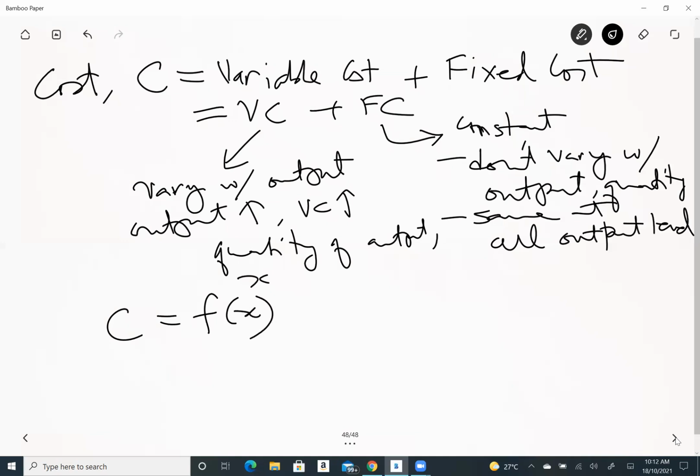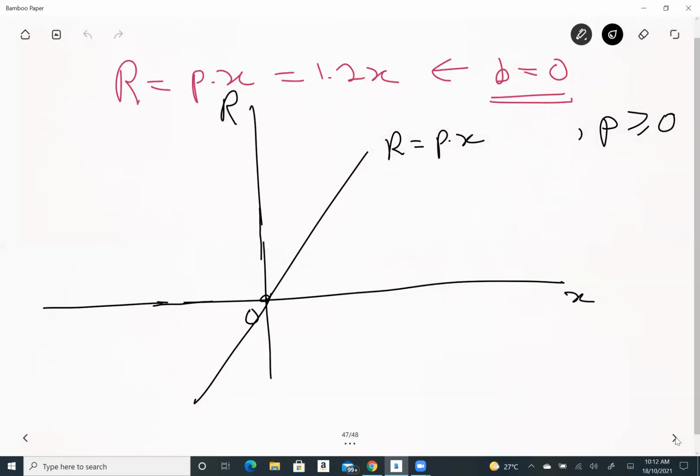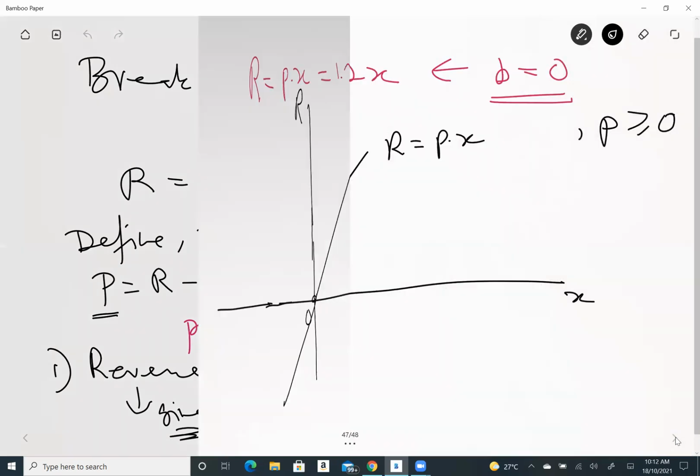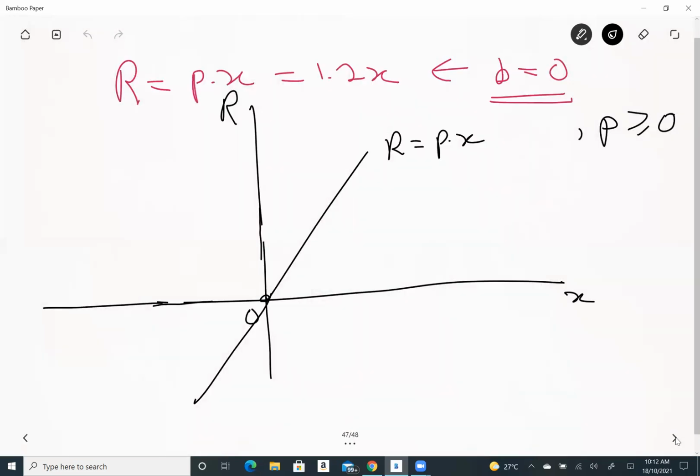Now go back to revenue. We describe the revenue function R equal to PX. In fact, from our discussion here, revenue is a function of X. So you draw the graph with X on the horizontal axis and revenue on the vertical axis.